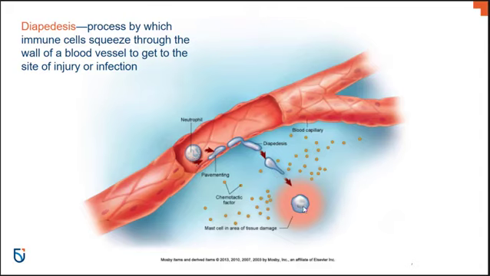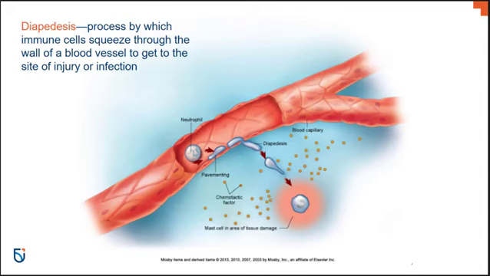So here's a mast cell. It's going to give off these chemotactic factors, almost like a flag for help, a signal for help that attracts neutrophils to the area. Neutrophils can exit the capillary, which will become more permeable, by a process called diapedesis. And then they can enter the tissue.